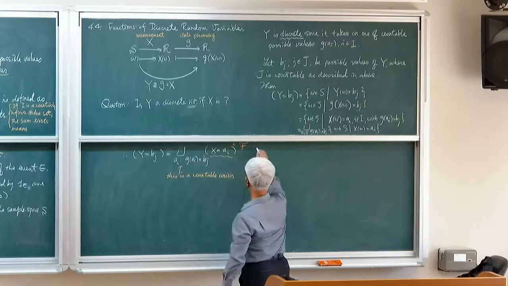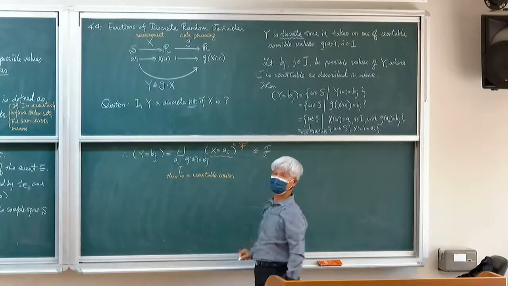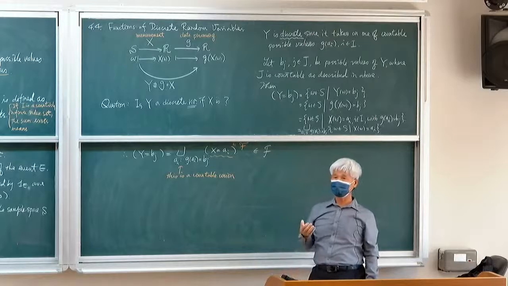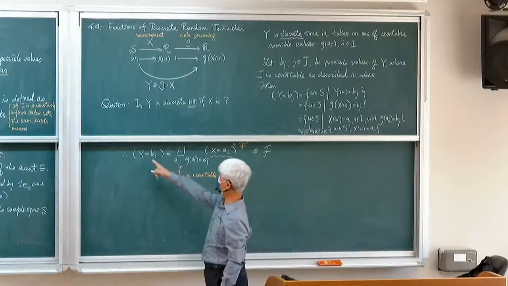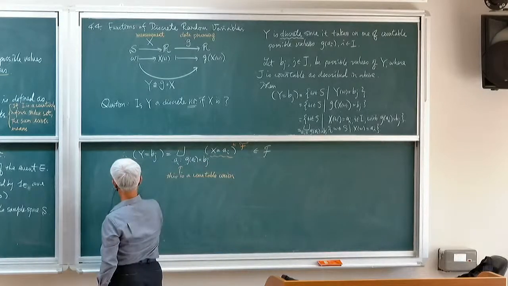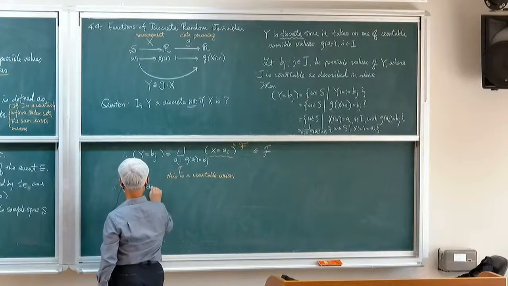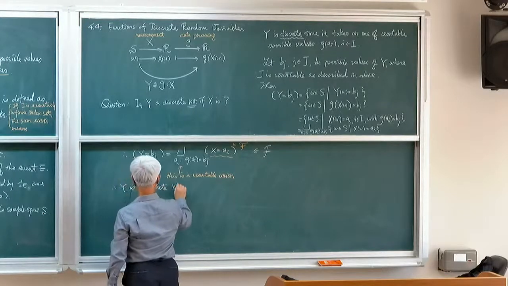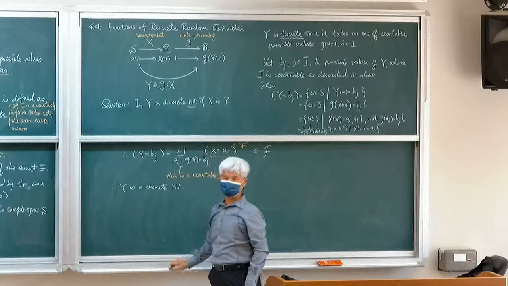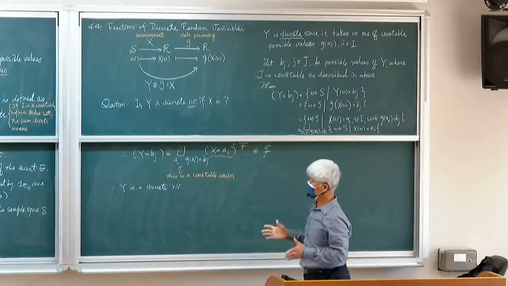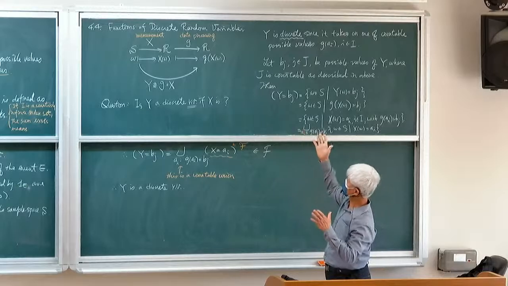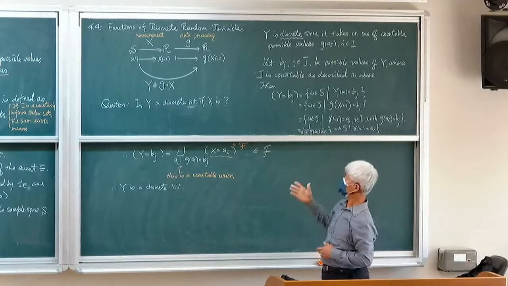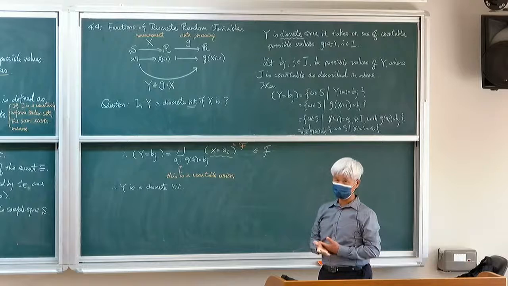So of course this is also in F by the logical structure of sigma algebra. Okay, so we proved that. And so y is a discrete random variable, of course. So we show that any function of a discrete random variable must be a discrete random variable.